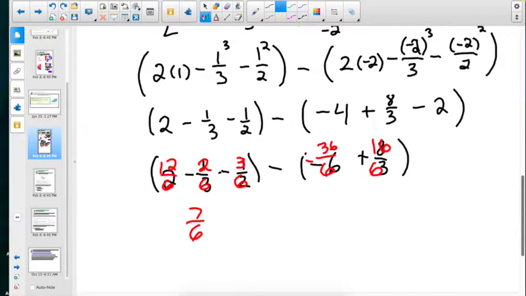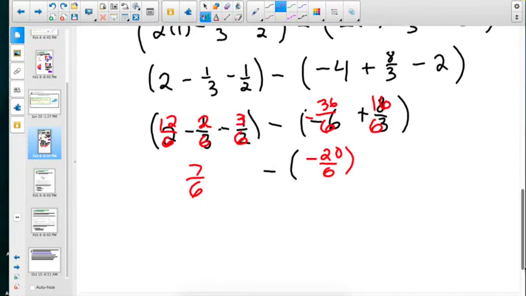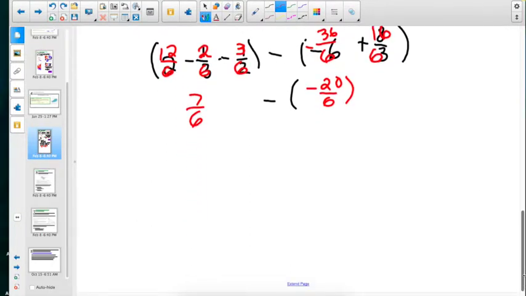So it's a -36 plus 16. -20/6. So we end up with an area of how much? 27/6. That's about as difficult of fractions as I'll have to deal with.